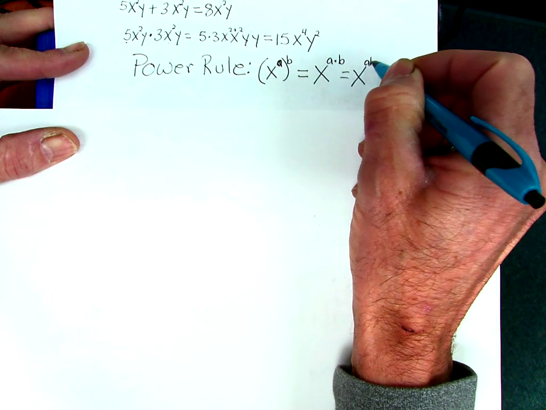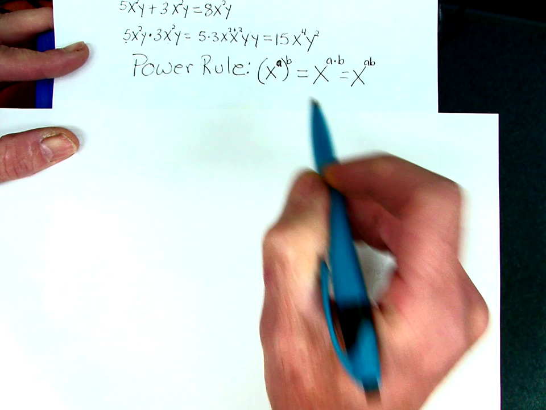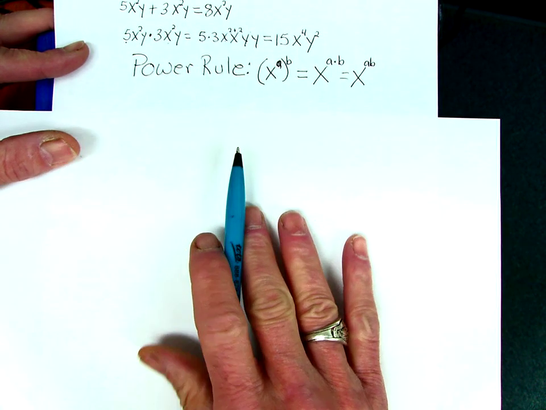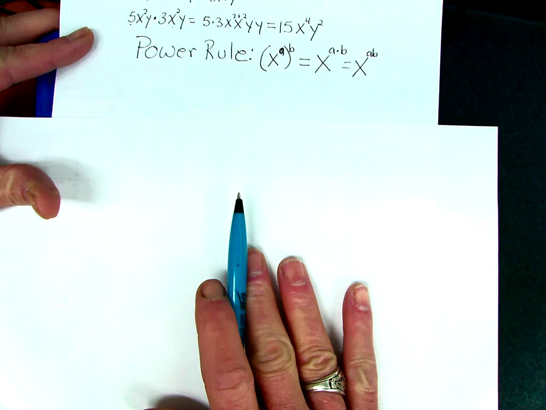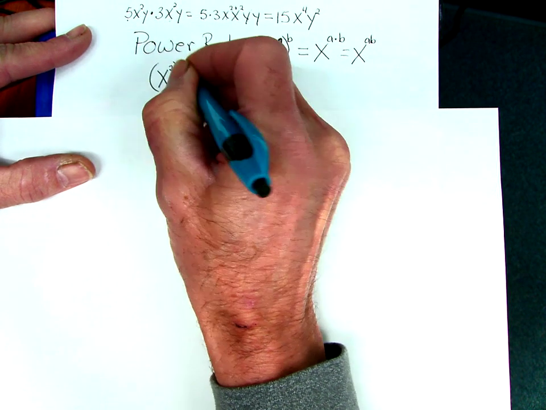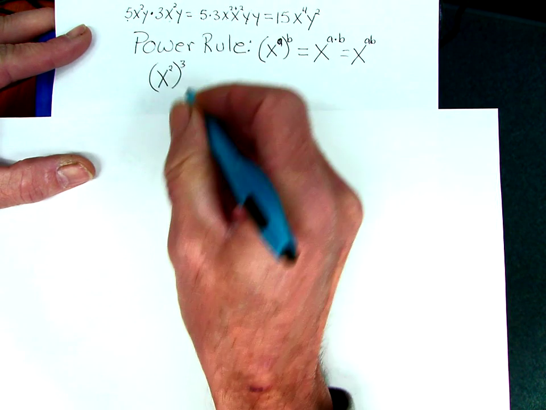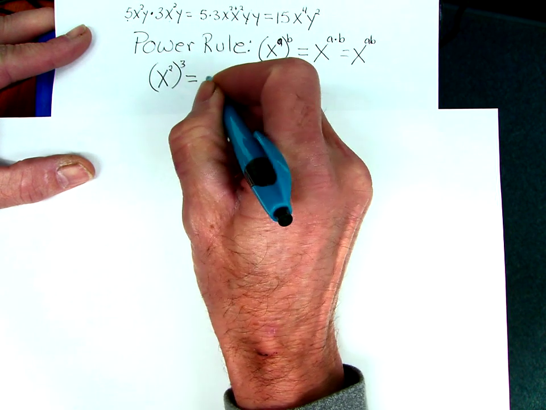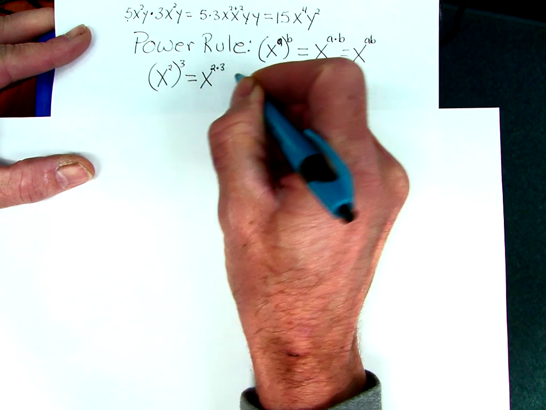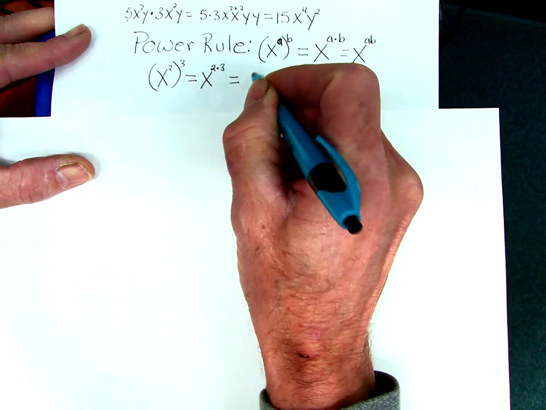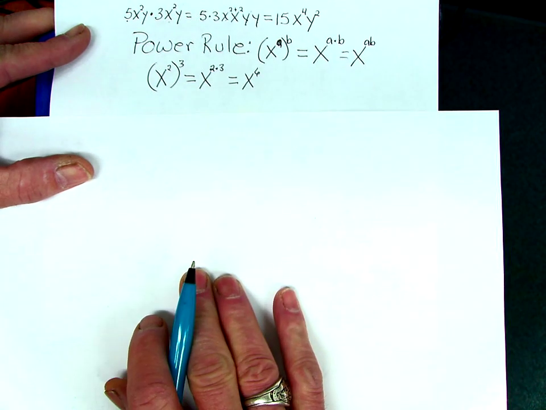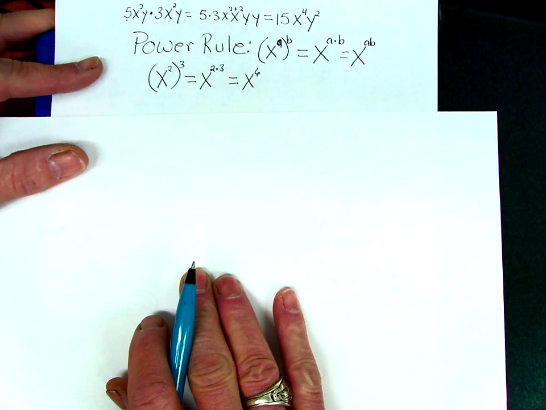These powers will be numbers, so it will be this number times this number. For example, x squared raised to the 3rd power means x to the 2 times 3, which means x to the 6th. And that's done. Let's see why it is that way.